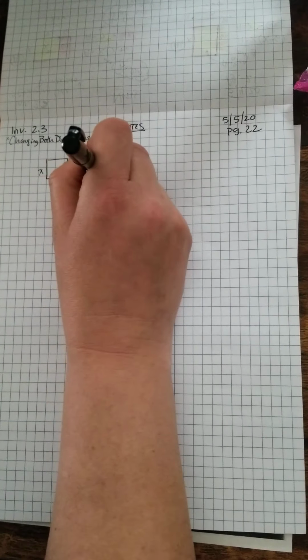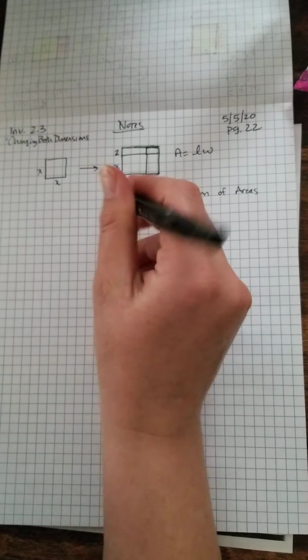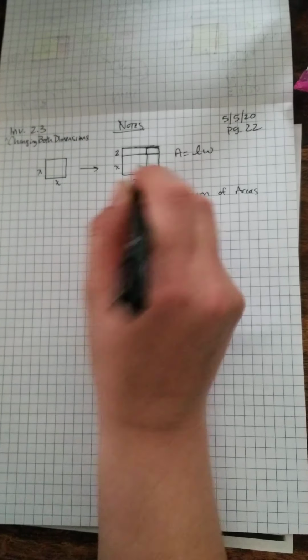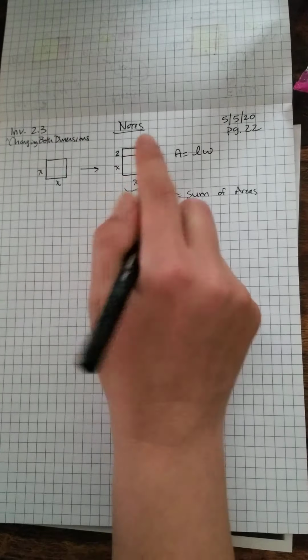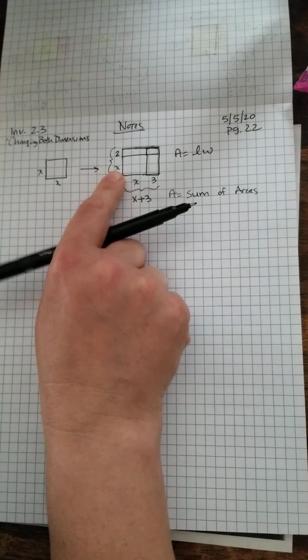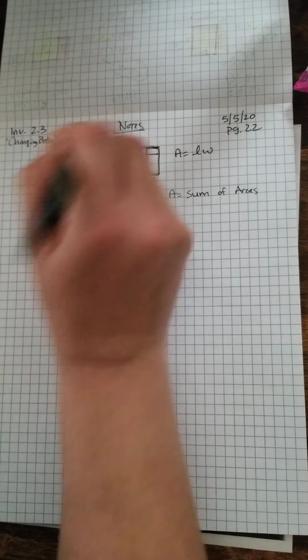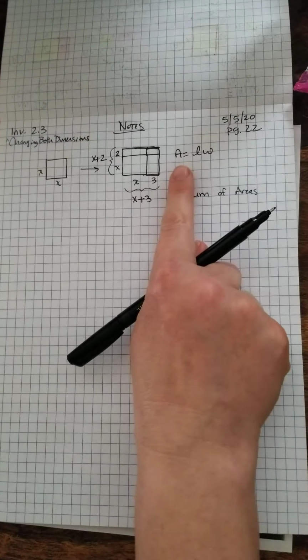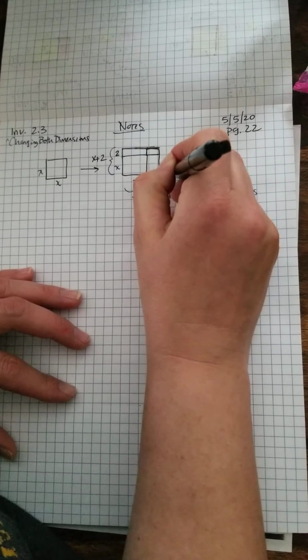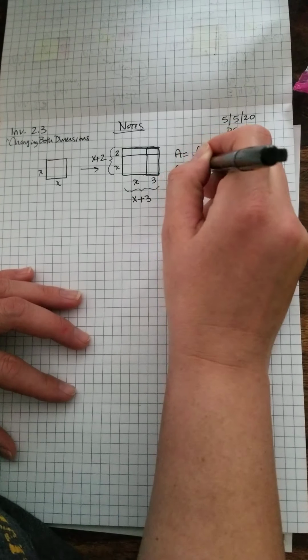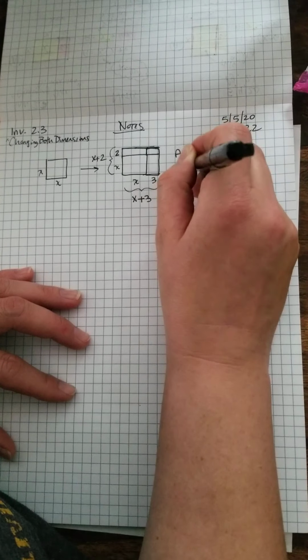Looking at area as length times width, for the width I'm looking at x plus 3, and for the length I have x plus 2. So area is equal to x plus 2 times x plus 3, or vice versa.